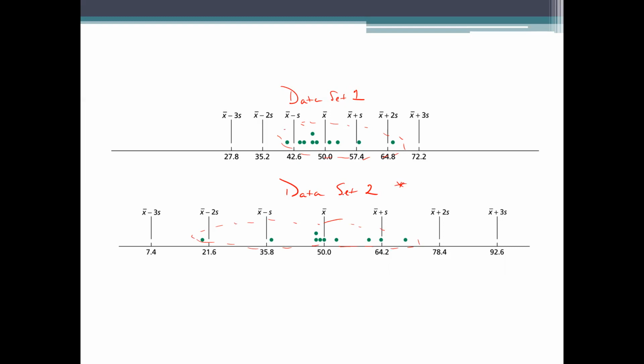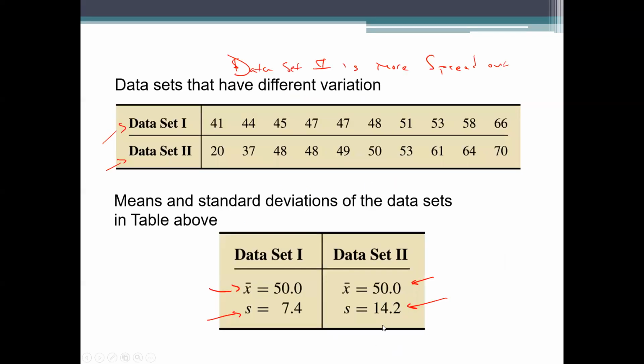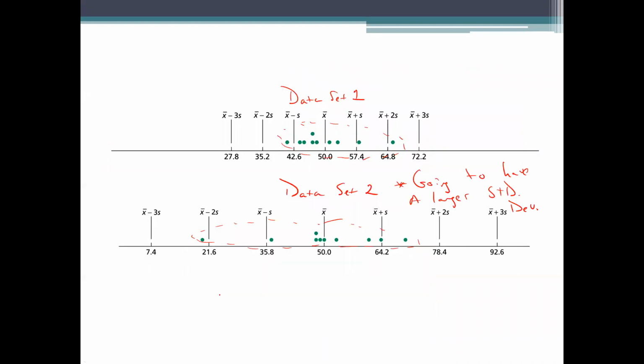So this data set is going to have a larger standard deviation, and we see that; the number's just higher. I'm just trying to hit this home: larger values of S squared and S, the variance and standard deviation, mean the data is more spread out.